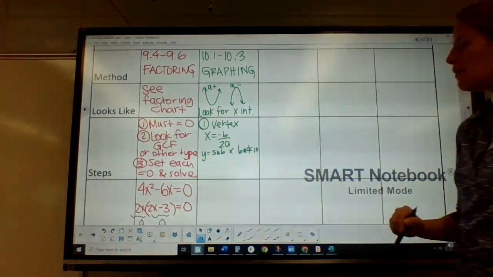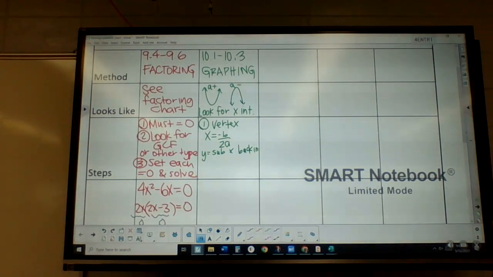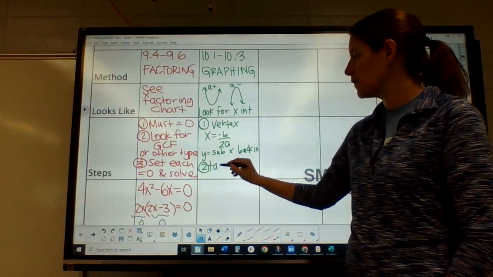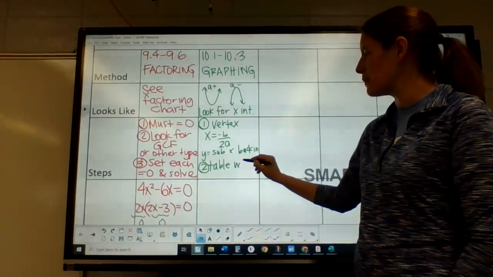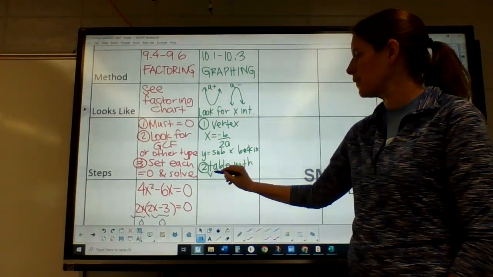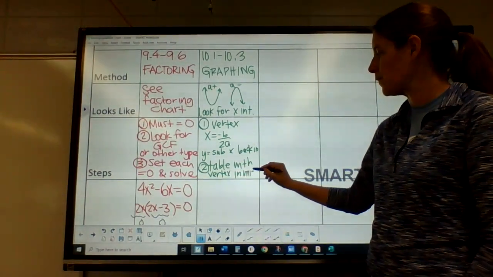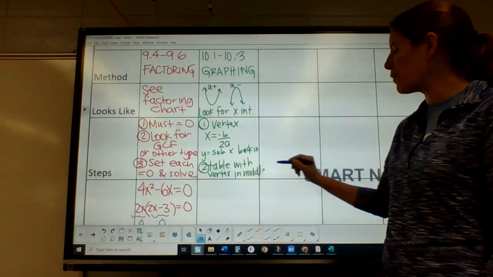Once we have our vertex, we typically make a table of values with the vertex in the middle. I might just do a problem on finding our vertex, because I don't have room to graph down here.